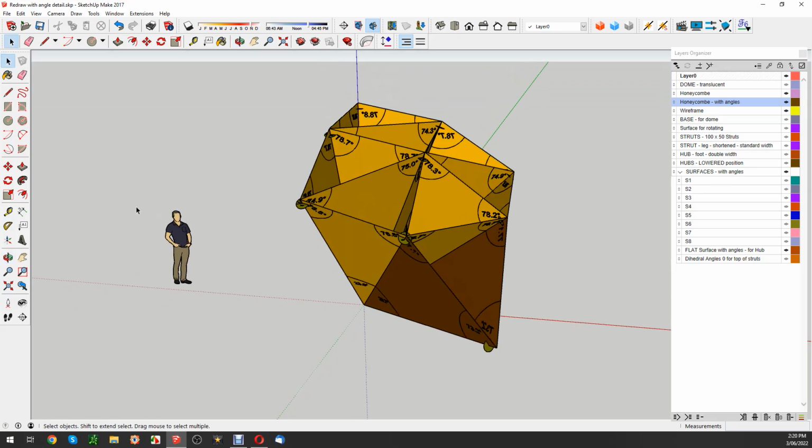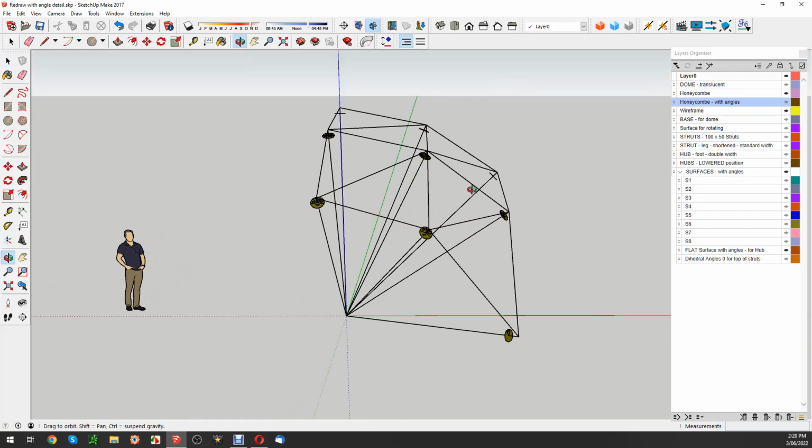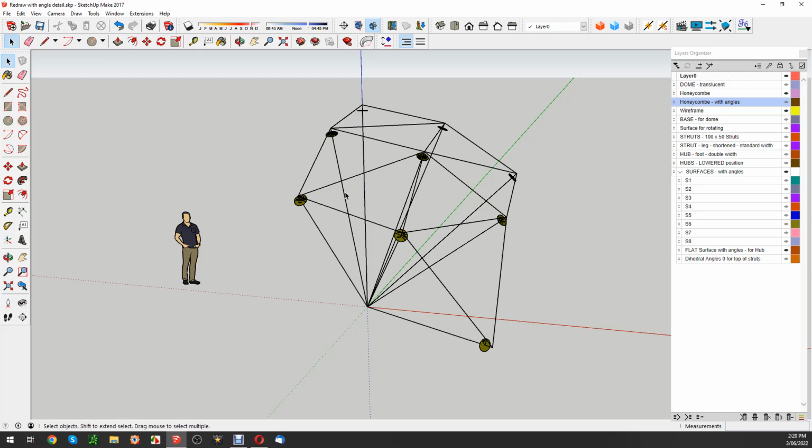And that is why I wanted to create the very clear drawing process upon which these honeycombs and wire frames can be built, because you can build upon the method to create your own version.